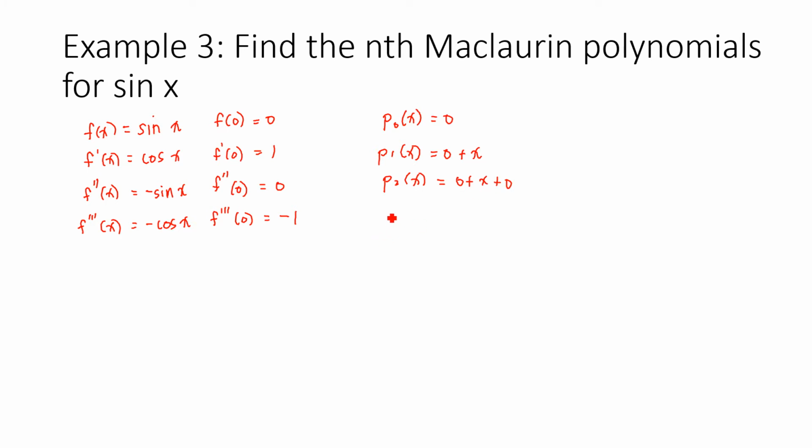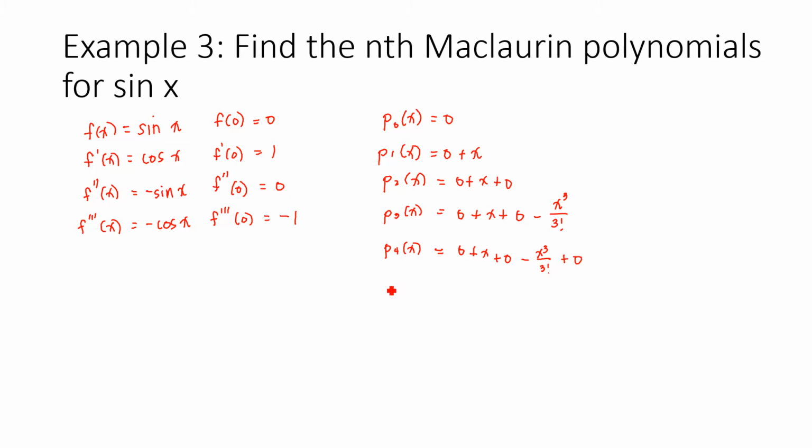Our p sub 3 of x would be equal to 0 plus x plus 0 minus x cubed over 3 factorial. Our p sub 4 of x would be equal to 0 plus x plus 0 minus x cubed over 3 factorial plus 0.